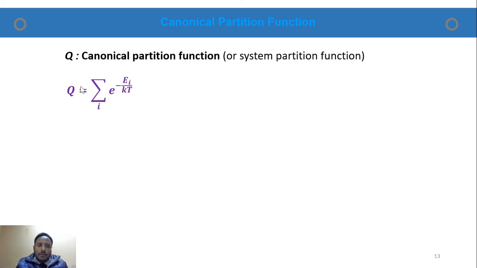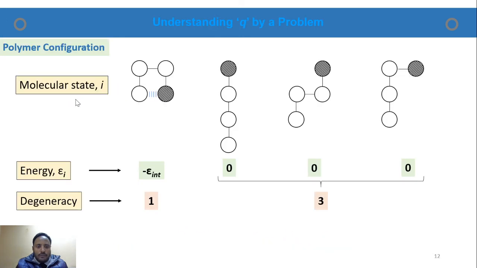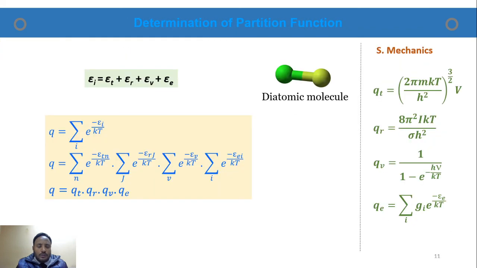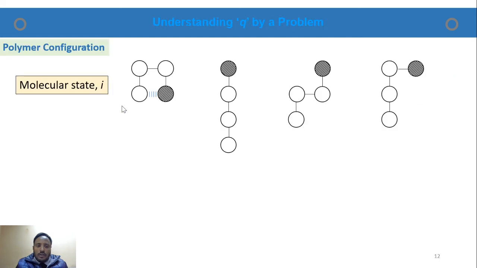We shall see how capital Q is related to small q, but before that, let's see what the expression of capital Q is like. We have the expression for small q, which is small q equal to the summation of e to the power minus EI by KT, where EI stands for the energy of the molecule.